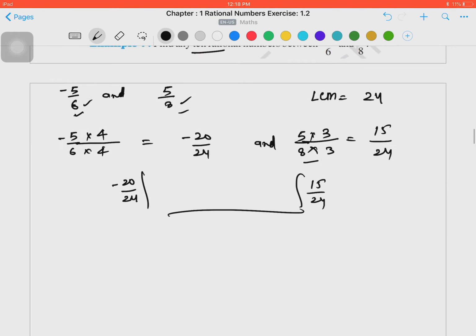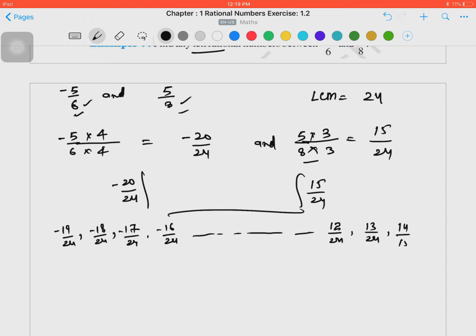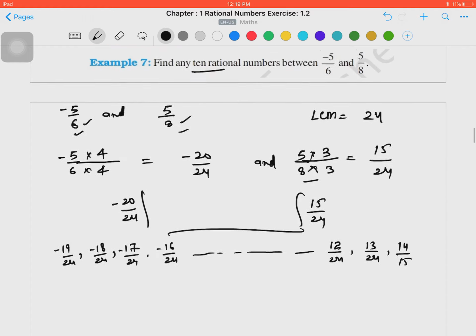Those numbers can be minus 19 by 24, minus 18 by 24, minus 17 by 24, minus 16 by 24, and so on till 12 by 24, 13 by 24, and 14 by 24. You are asked to write 10 rational numbers.